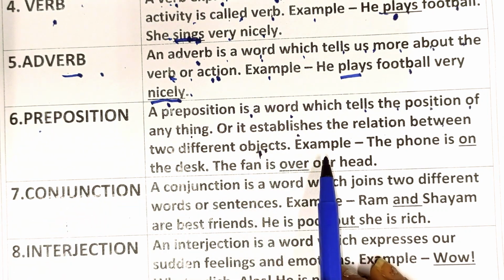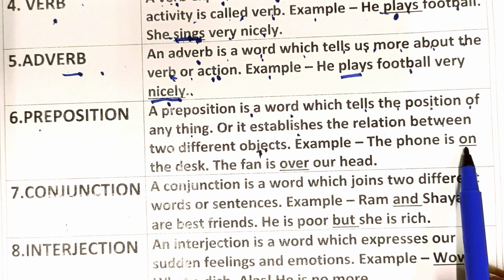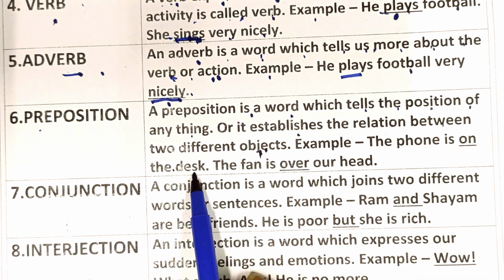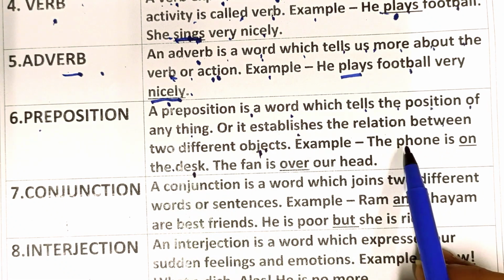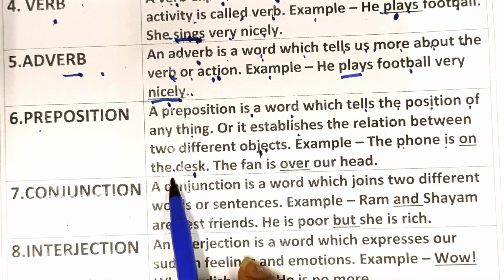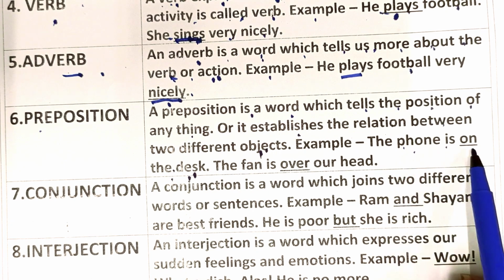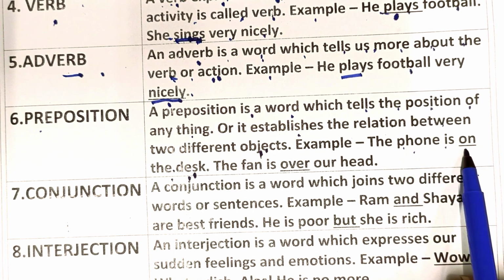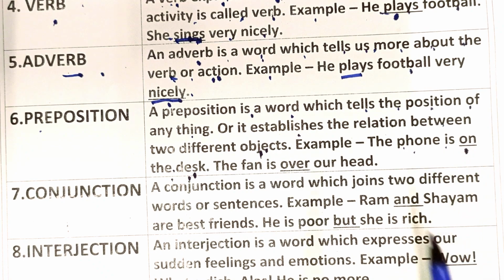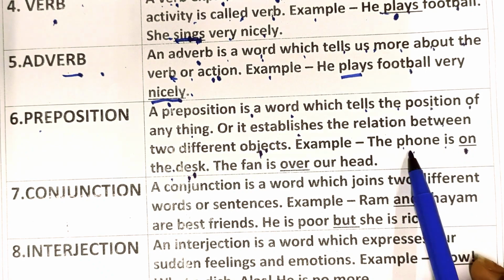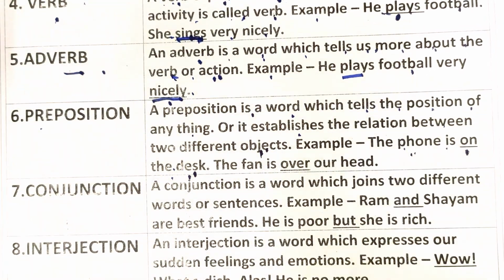Understand this with an example. The phone is on the desk. In this sentence we can see where the phone is. The phone is on the desk. On is our preposition, and it helps us understand the position of the phone, where it is kept.